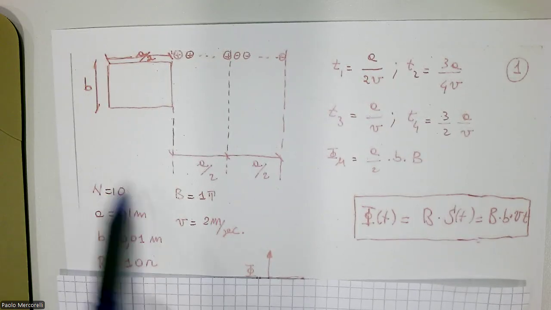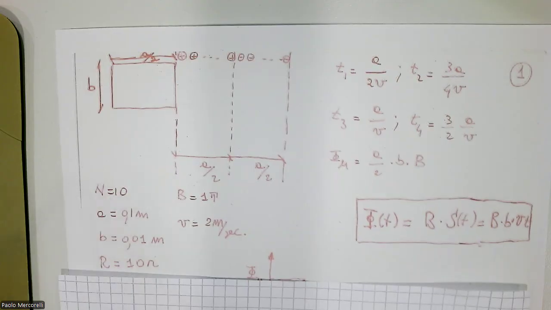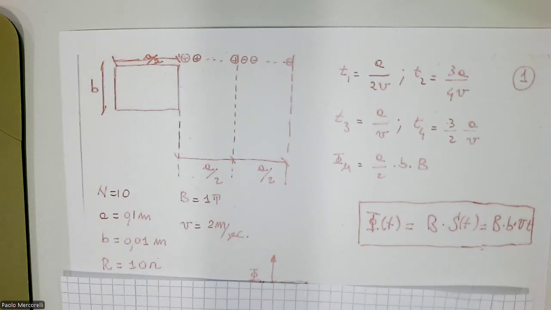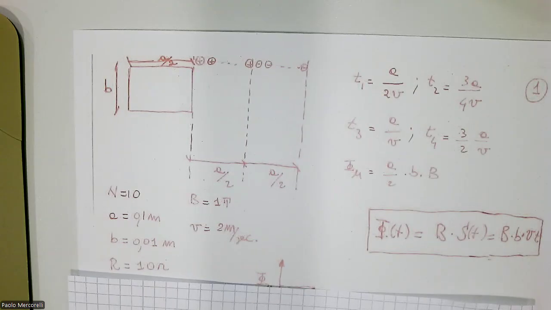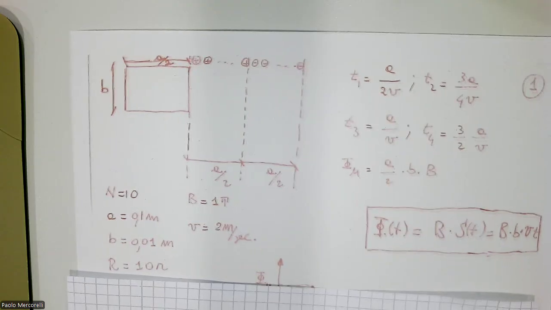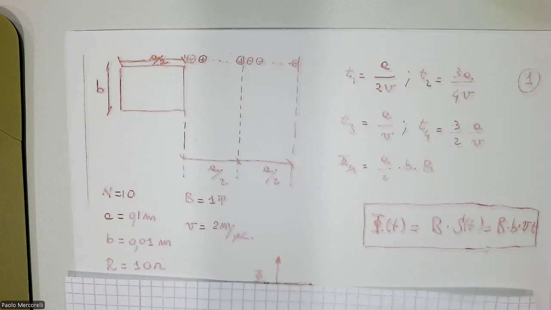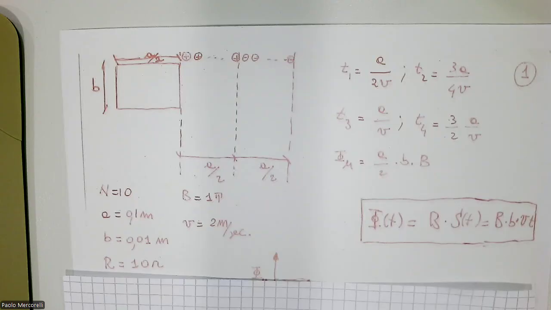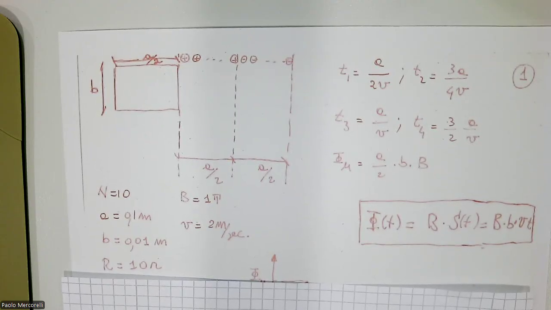We can see that the coil consists of 10 windings. As I told you, you don't need to use this value for the calculations. The values are there in order to be clear what we know, and then I will pose the questions.